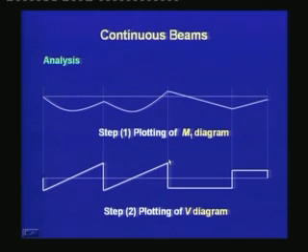We have another jump in the second intermediate support. For a linearly varying M1 diagram, we have a constant V diagram, and then it has a jump in the support, and again it is constant at the other end span.